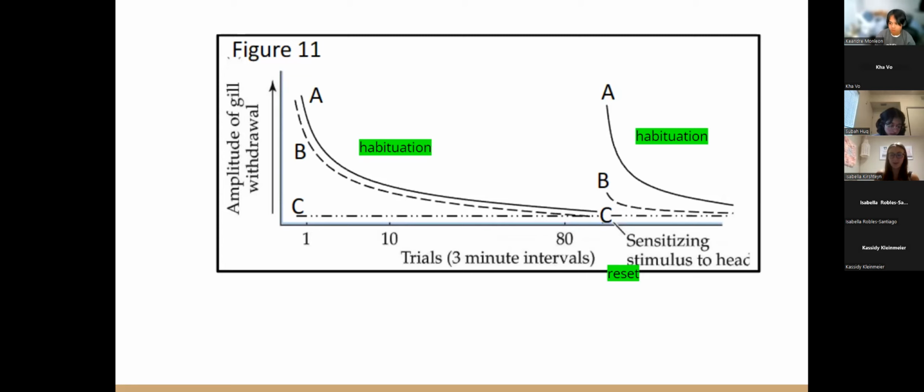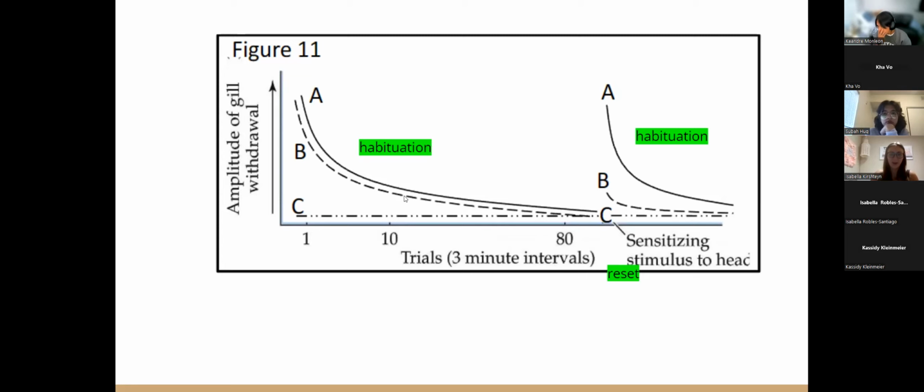You could do that by knocking out the GPCR, because GPCR helps with sensitization. If you knock out GPCR, this doesn't have a big impact on habituation in the first place, so habituation would still happen. But you wouldn't get that sensitization and that big jump back to what you were originally, which is what happened with A.